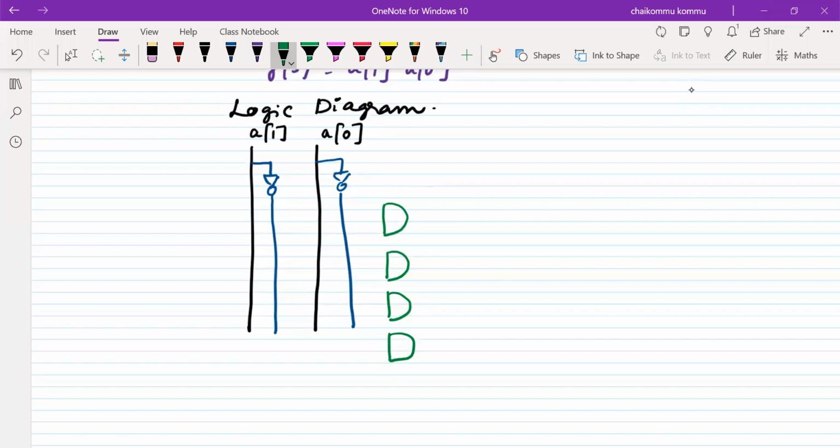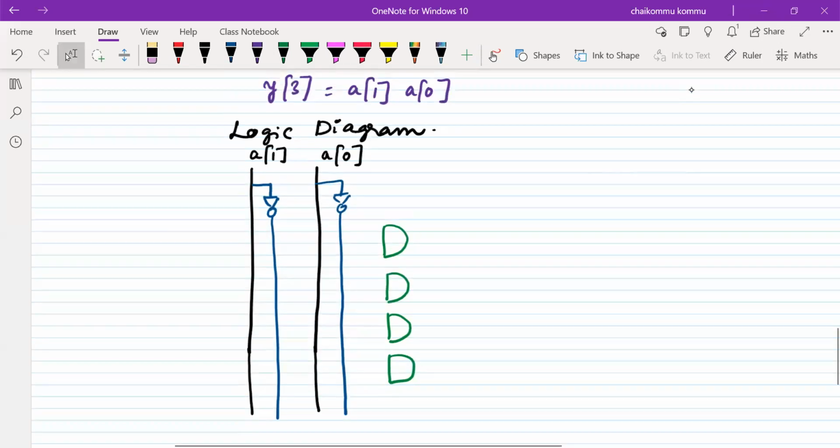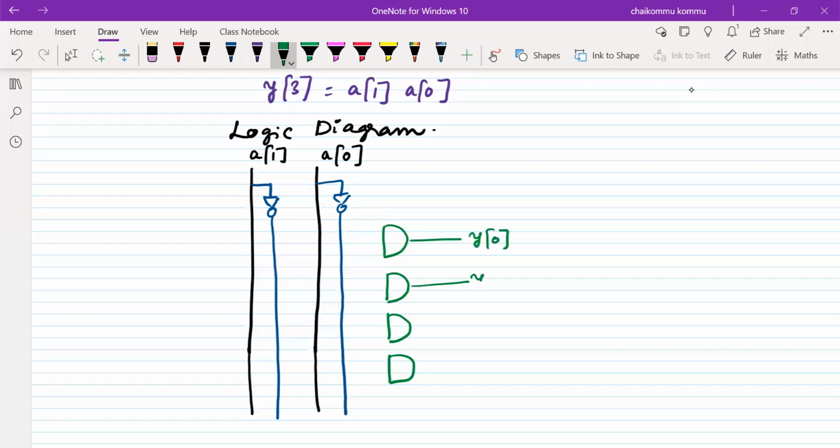Now this is the output called y of 0. This is y of 1. This is y of 2. This is called y of 3.